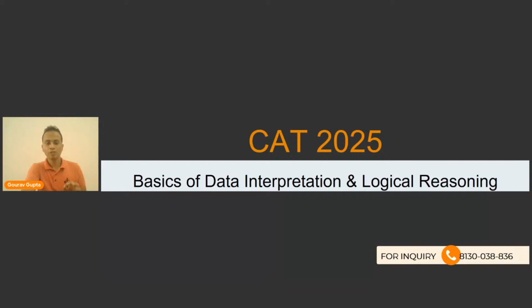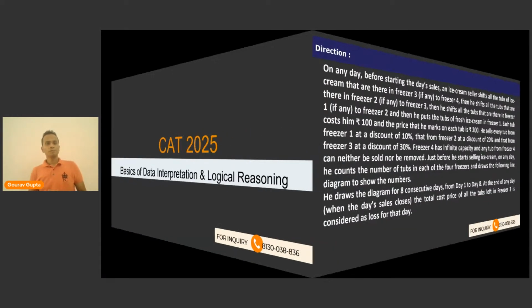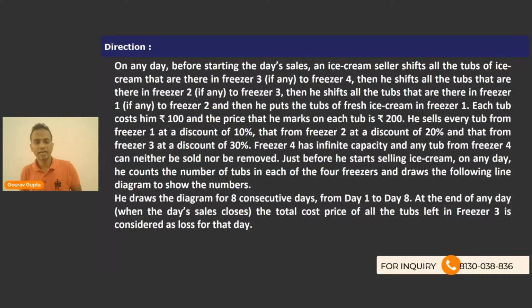All right. So let's have a look at the data first of all. These are the set of directions that are given for solving this set. Now go through this direction set and then I'll take you to the next page wherein a line diagram will be given to you, using which you will be able to analyze a lot of things.